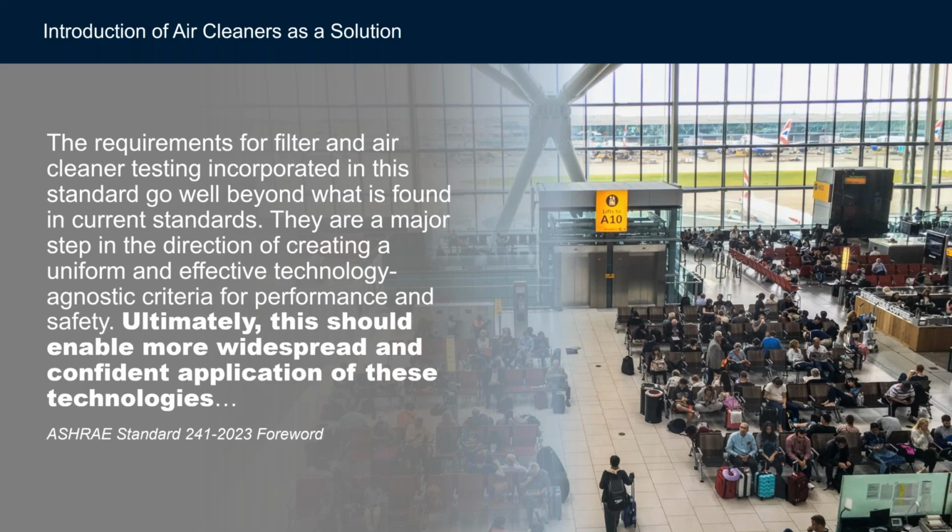The requirements for filters and air cleaner testing incorporated in the standard go well beyond what is found in current standards. They are a major step in the direction of creating a uniform and effective technology-agnostic criteria for performance and safety. Ultimately, this should enable more widespread and confident applications of these technologies. And the technologies they're talking about are obviously the electronic air cleaners.